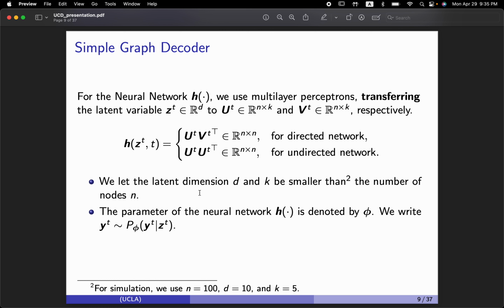We let the latent dimensions d and k be smaller than the number of nodes n. Just to give you a sense of the dimensions, for the simulation study in this work, for a node set of 100, we use latent dimension d of 10 and latent dimension k of 5. The parameter for the neural network in this work is denoted by phi. So we write it as Y_t following p_phi(Y_t given Z_t).